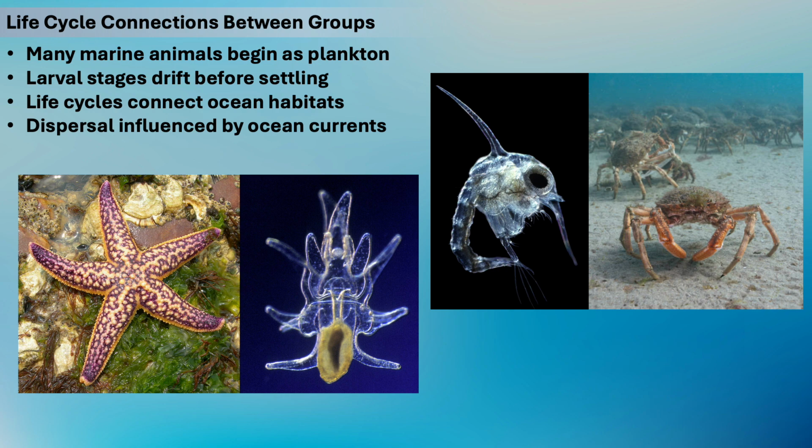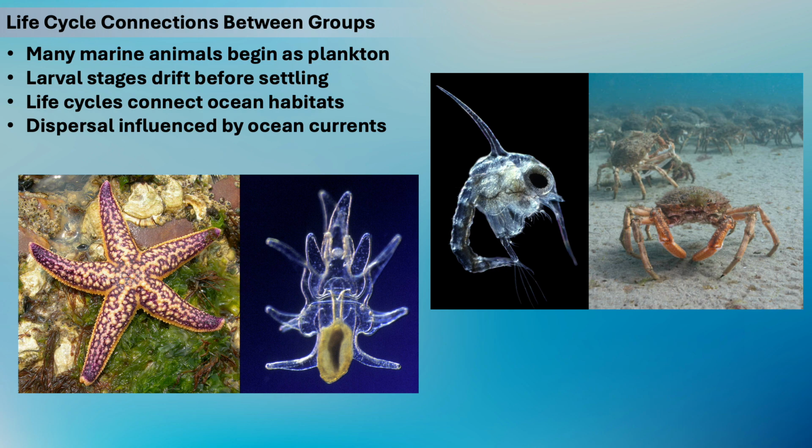The resulting embryos develop into very small larval stages that drift in the water column as part of the plankton community. These larvae are often microscopic and possess structures that help them remain suspended in the water column, allowing them to be transported by currents. During this period, they feed, grow, and develop while drifting through the ocean.